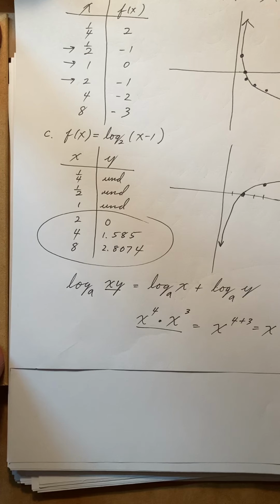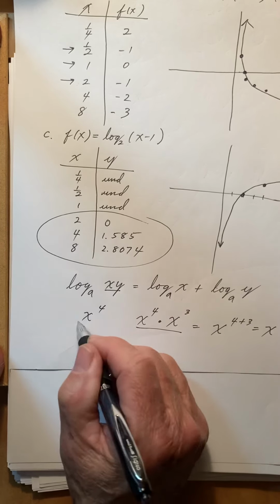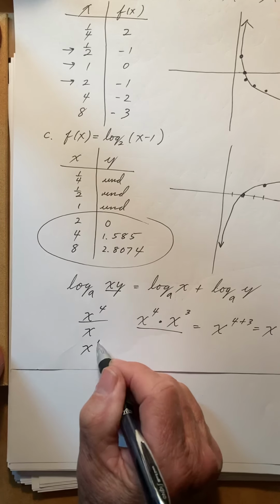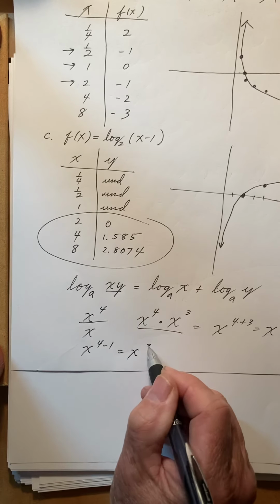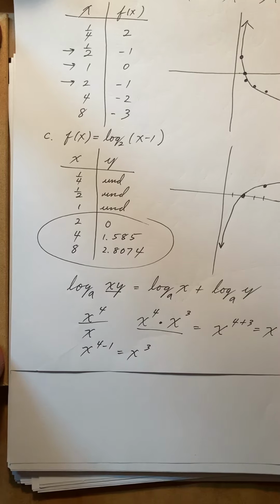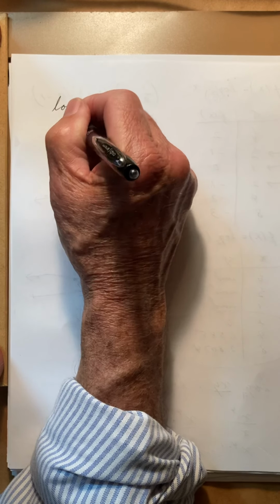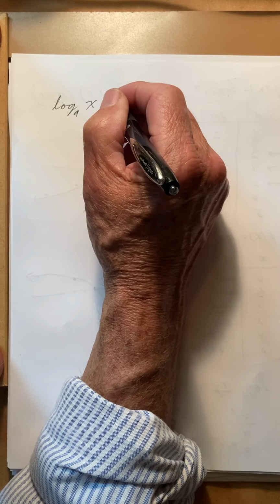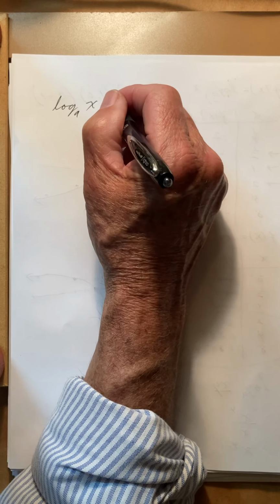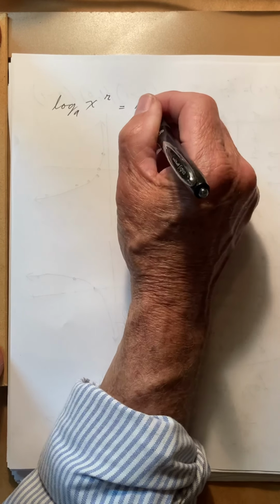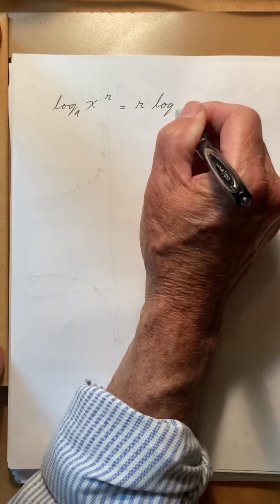The next one is the quotient property, x over y, so you have subtraction. Just like if you had x to the 4th over x, it'd be x to the 4 minus 1, which is x to the third. Subtract goes with division. The third property is called the power property, which says that the log base a of x to the r power is equal to r times the log base a of x.